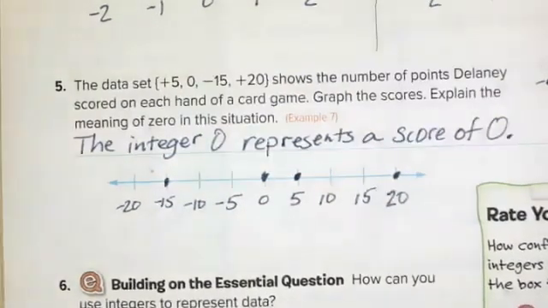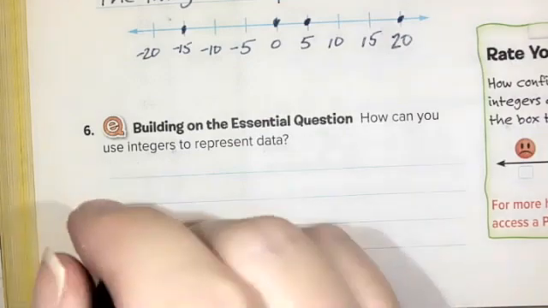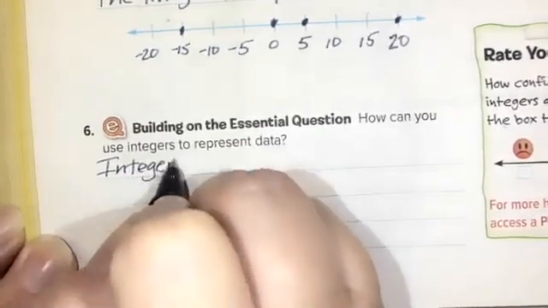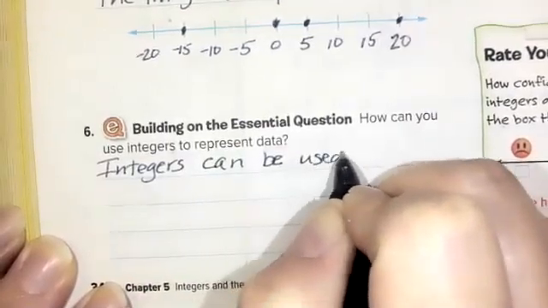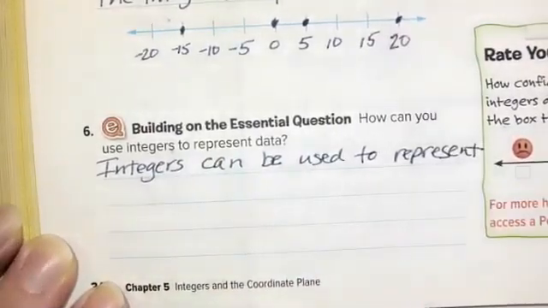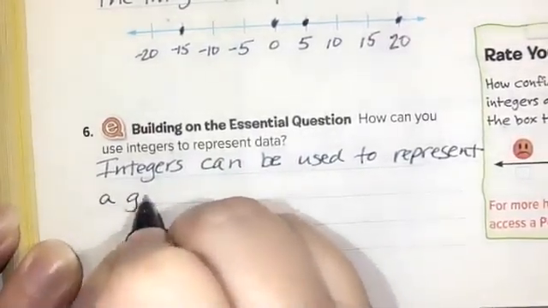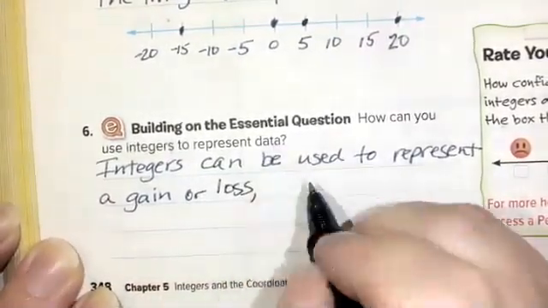And then just our essential question for this lesson: how can you use integers to represent data? Integers can be used to represent a gain or a loss, temperatures above or below 0, or elevations above and below sea level. Those are just some examples.